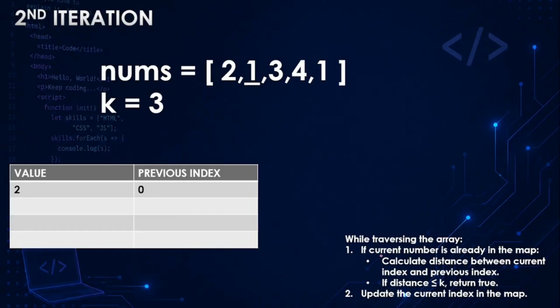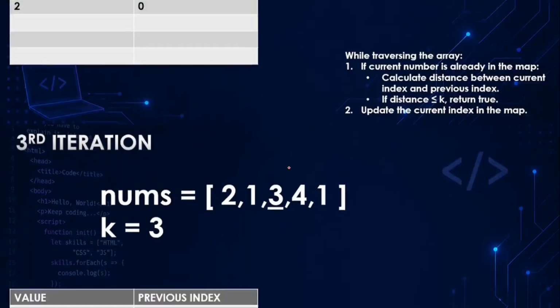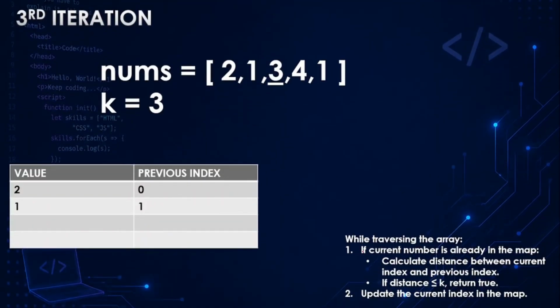I'll again check if my current number is in the map. No, 1 is not in the map. Then I'll simply add this 1 along with its index. Similarly, for the third iteration, the first condition again fails. We'll add the current element inside my hash map along with its index, which is 2.